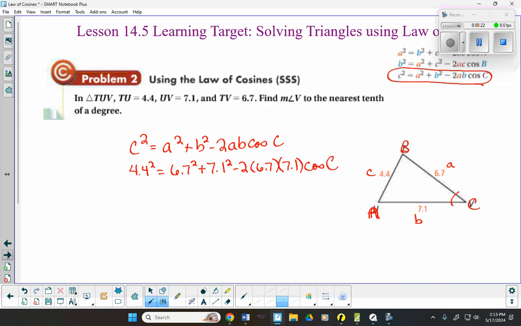Now as you can see, this is going to be different as far as simplifying it. What we can do first is plug in some numbers here. 4.4 squared is equal to 19.36. You can't type in everything on the right side because all of this is being multiplied together, so we have to think about our PEMDAS. First you multiply. These two, though, are being added together.